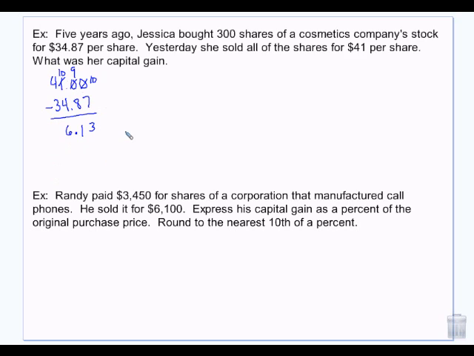So that's $6.13. And I'm going to multiply $6.13 by 300. So her gross capital gain is $1,839. Now the hard way would have been to multiply $34.87 times 300 and then multiply 41 times 300 and then subtract those numbers. And it's just bigger numbers.